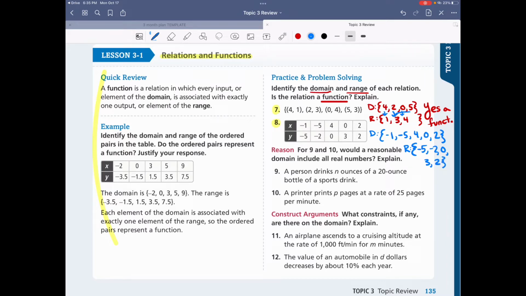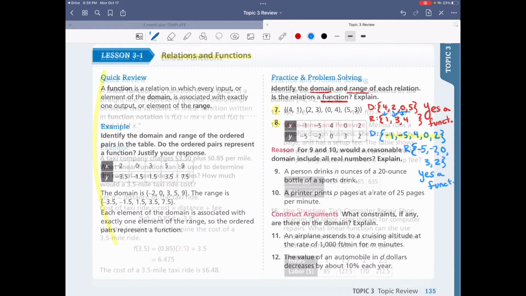And none of the domain values repeat. So, and none of the range values do either. So it is a function. Because the domain values do not repeat.